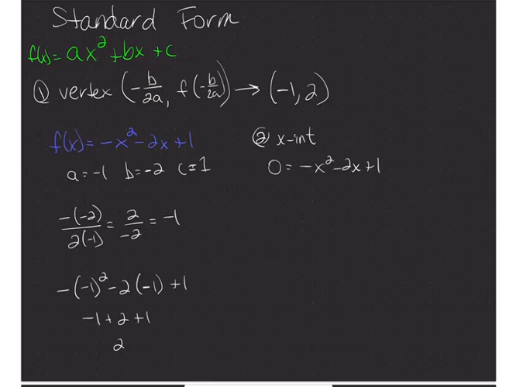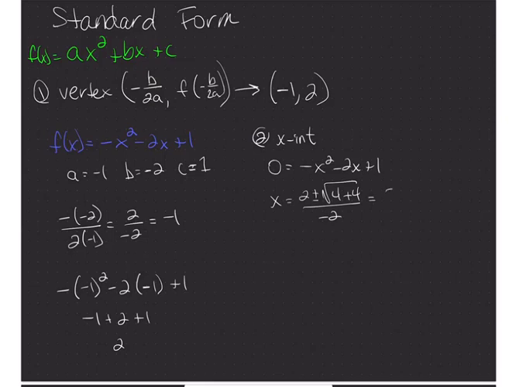So if you wanted to, you could even use the quadratic formula for this, right? Or you could try and factor it. So x equals negative b plus or minus the square root of b squared minus 4 times a times c, which is going to give me a positive 4, all over 2a, negative 2.